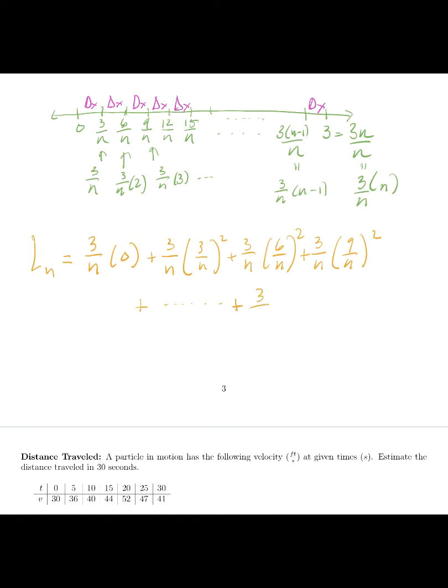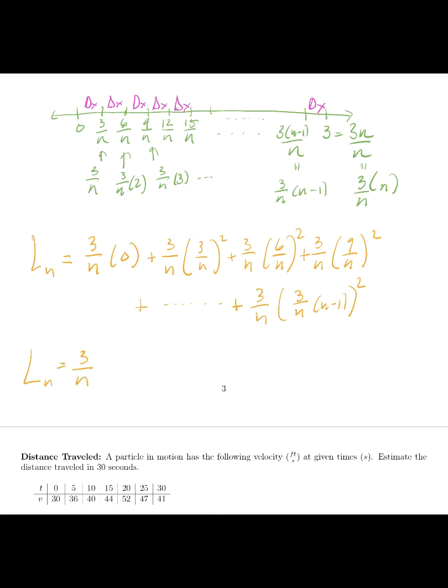The width is 3 over n, and the height is n minus 1 copies of 3 over n squared. So there is Ln. We can simplify that a little bit. Each one of these terms looks like it has a 3 over n in it.